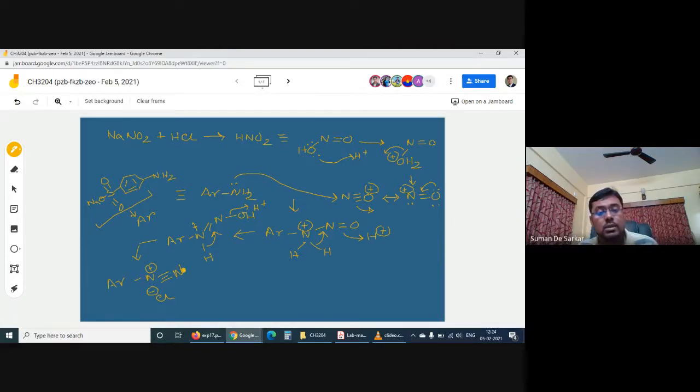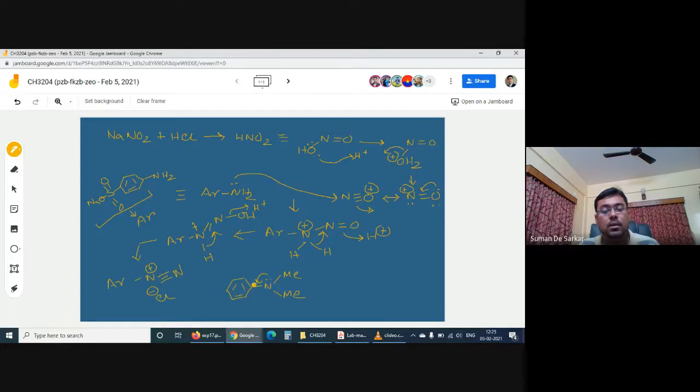Once we have this diazonium salt ready, we add the other coupling partner, which is N,N-dimethylaniline. As I explained several times, this aromatic ring is quite activated because of the plus M effect of this nitrogen.